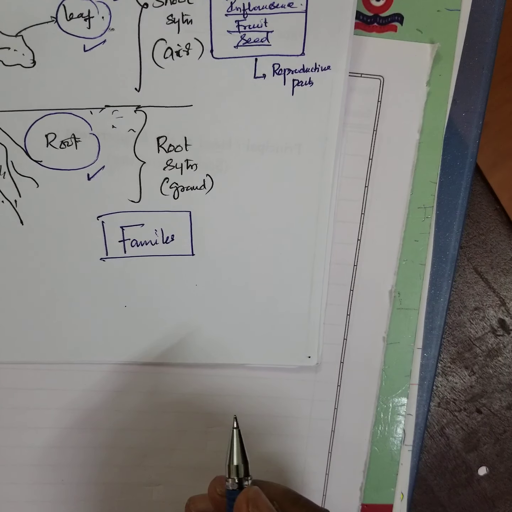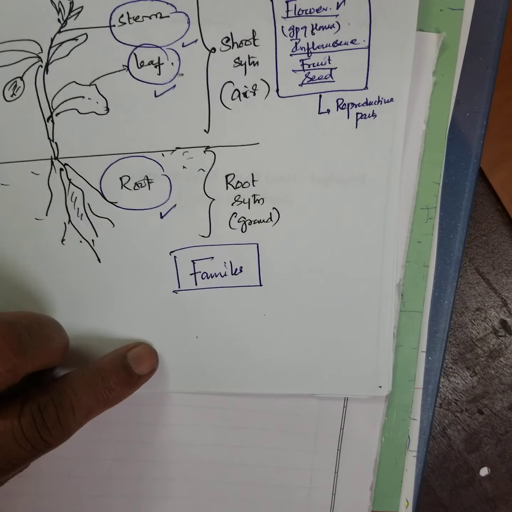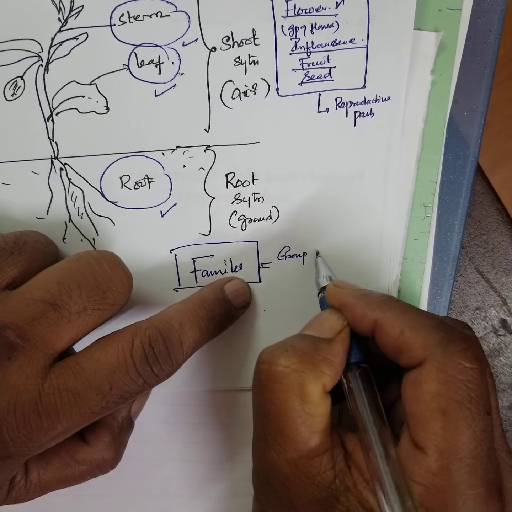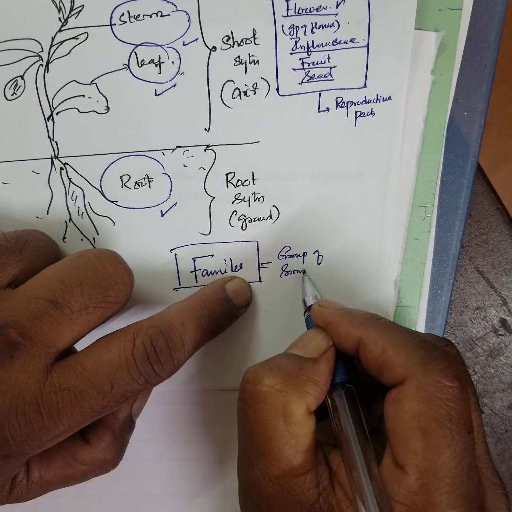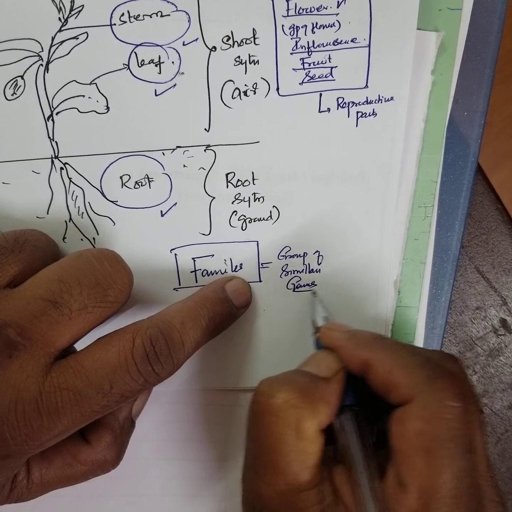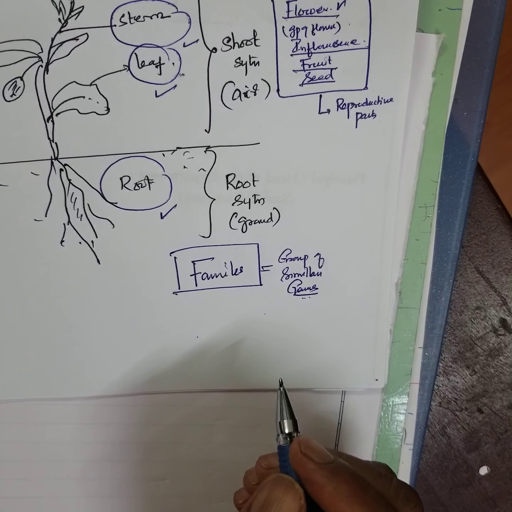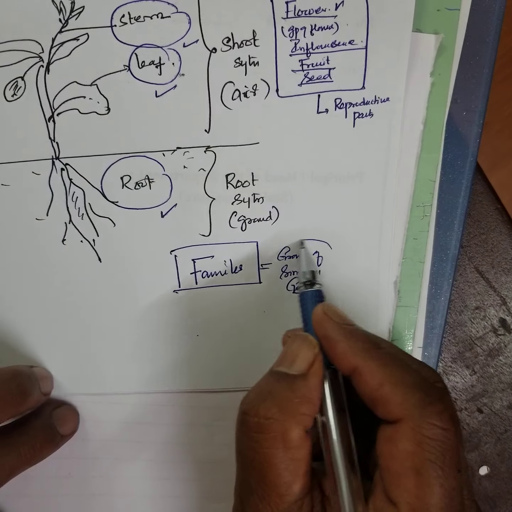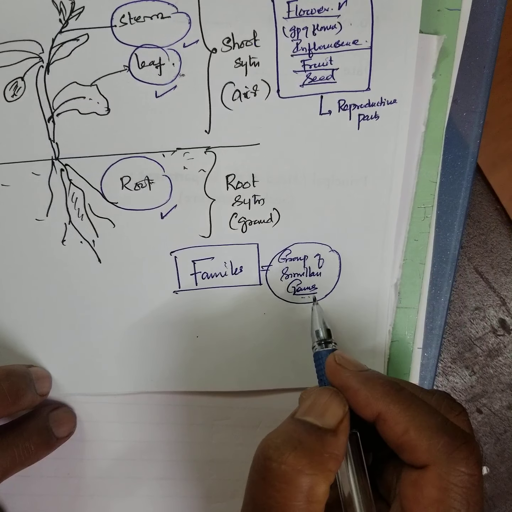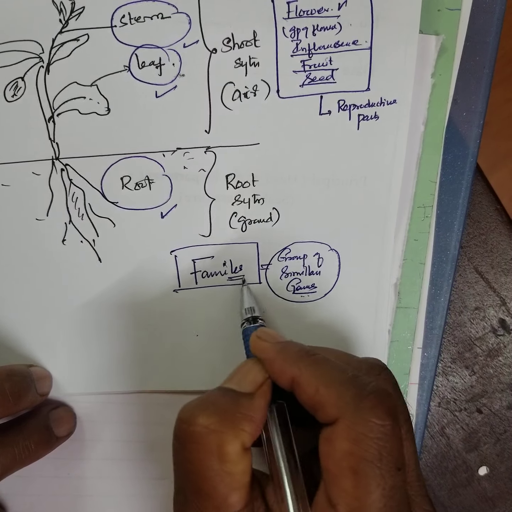Now I will tell what a genus is. It means a group of similar genera together, which is called one family. It forms a family.